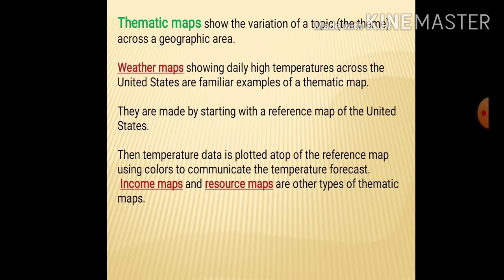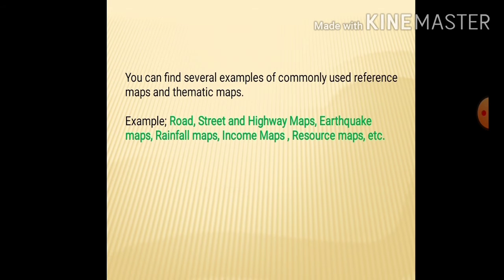Then, temperature data is plotted atop the reference map using colors to communicate the temperature forecast. Income maps and resource maps are other types of thematic maps. You can find several examples of commonly used reference maps and thematic maps, for example, road, street and highway maps, earthquake maps, rainfall maps, income maps, resource maps, etc.